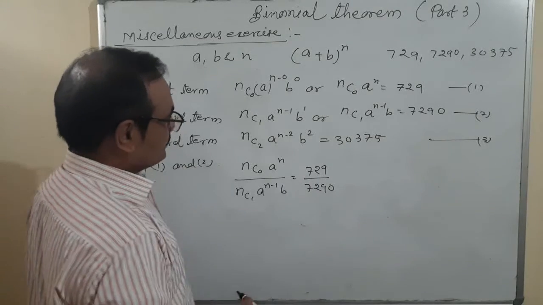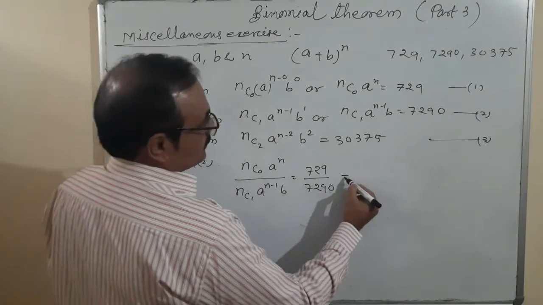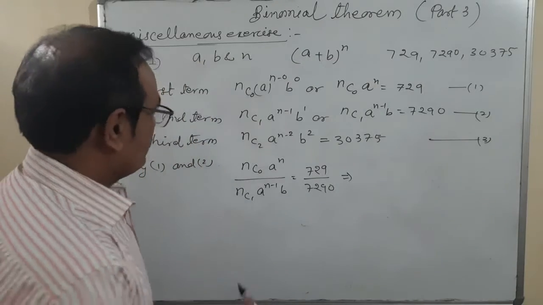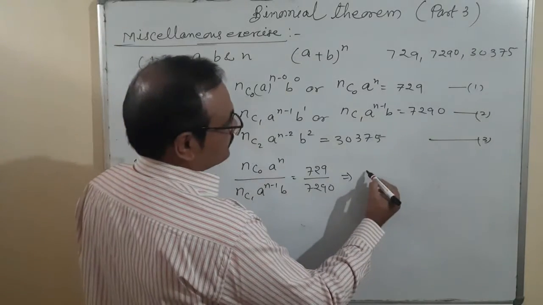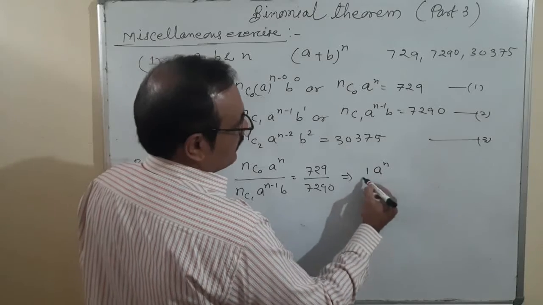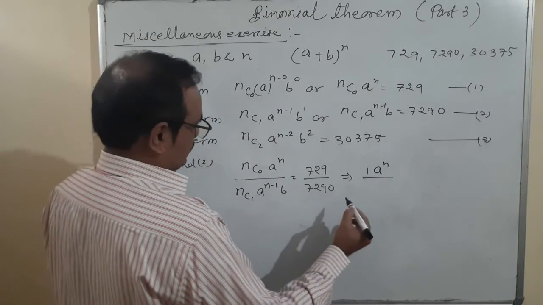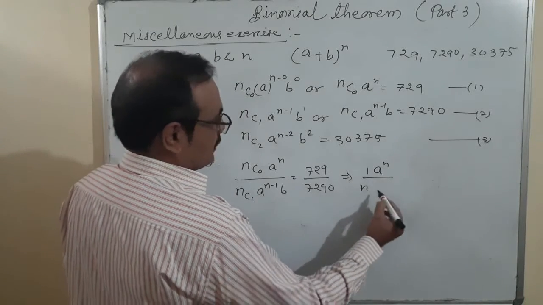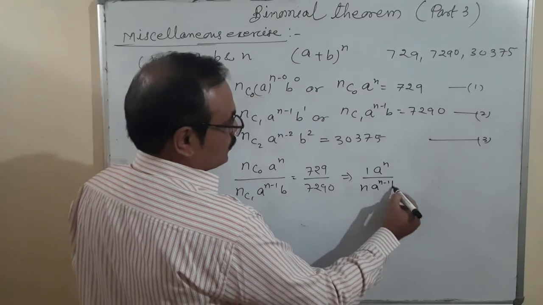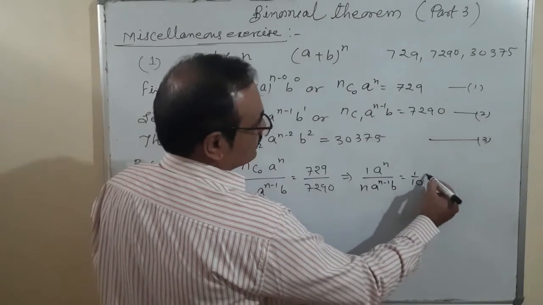It is cancelled. What is the value of nC0? It is 1. The value of nC1 is n. So 1, a to the power n upon n, a to the power n minus 1 into b is equal to 1 upon 10.